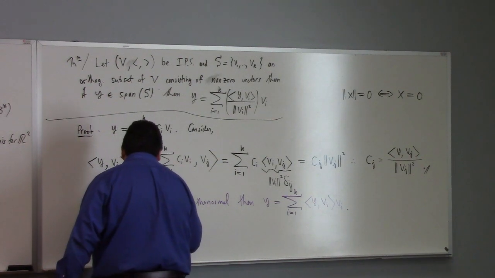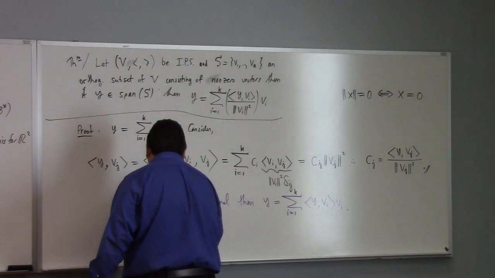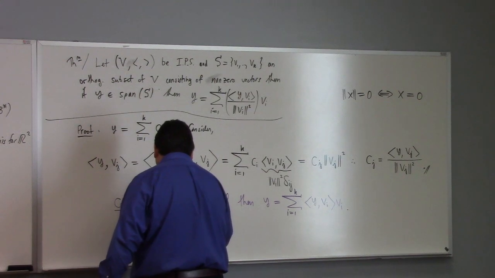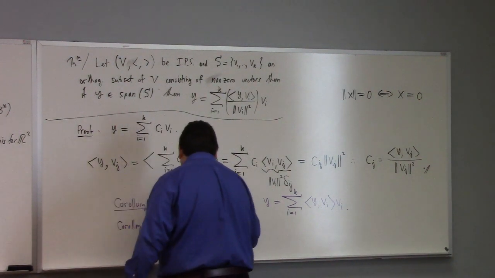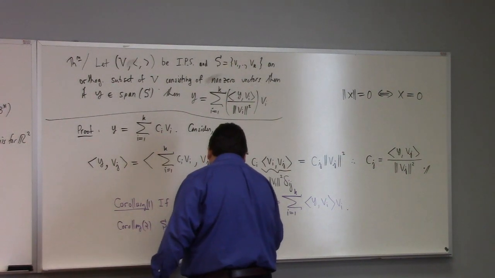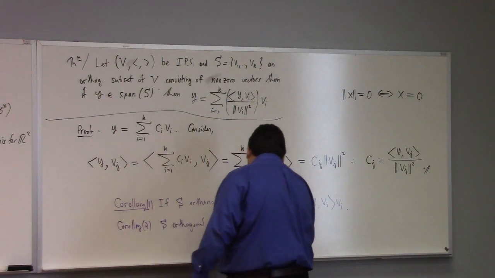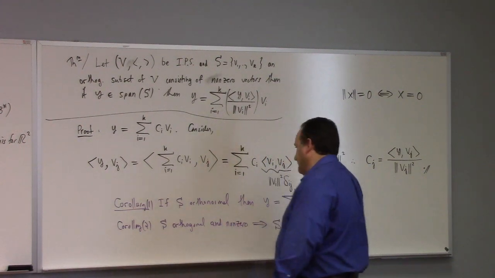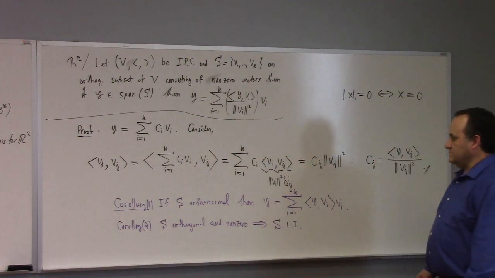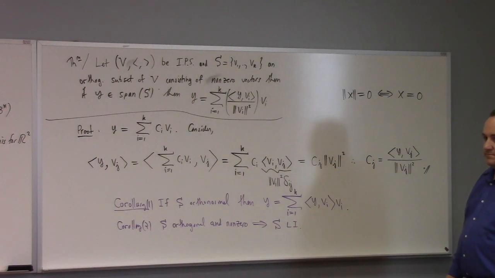Corollary 2: S orthogonal and non-zero implies S is linearly independent. Why is that true?